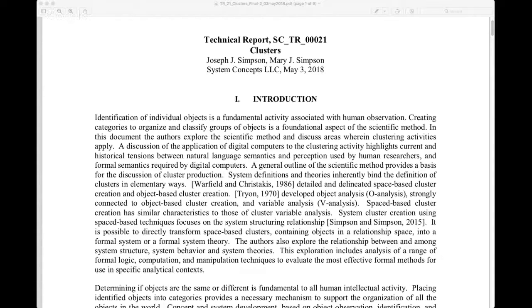The purpose of this particular report is to start developing this format of the scientific method of creating knowledge, what the different components are, and then we'll continue to refine that.